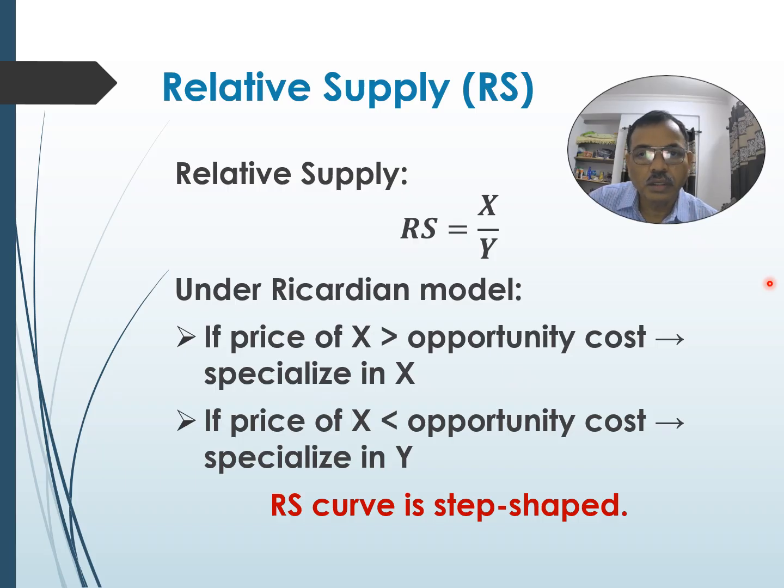If the relative price of X exceeds the opportunity cost, the country will specialize in X. If it is lower, that is, the price of X is lower than the opportunity cost, then it will specialize in Y. Because specialization is complete under constant opportunity cost, the relative supply curve becomes a step shift.